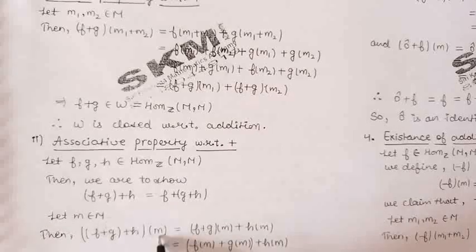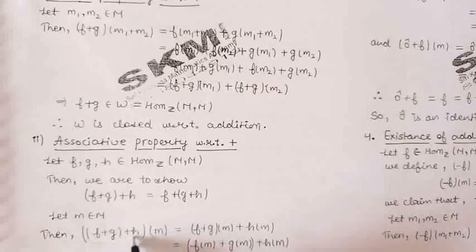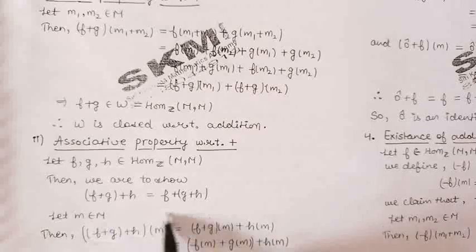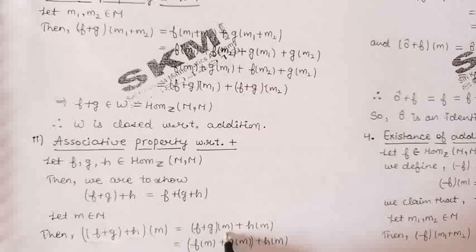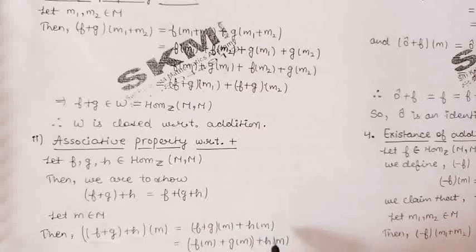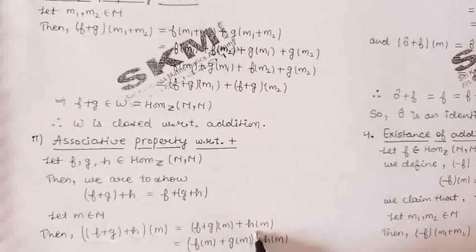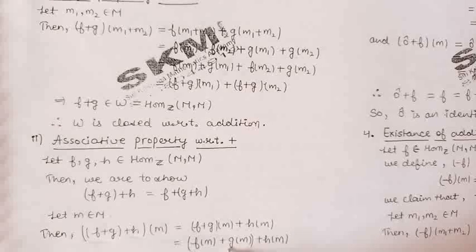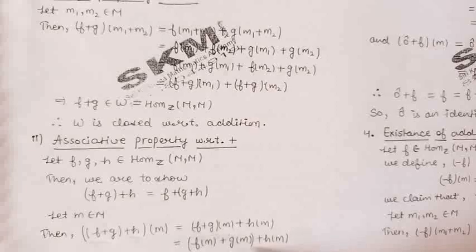Let us find the image of M under F plus G plus H. Now this is one of the mappings and this is another mapping. So by definition of addition, which we defined already, this can be written as image of M under F plus G plus image of M under H. This can further be written as image of M under F plus image of M under G plus image of M under H. Now we can combine these two.